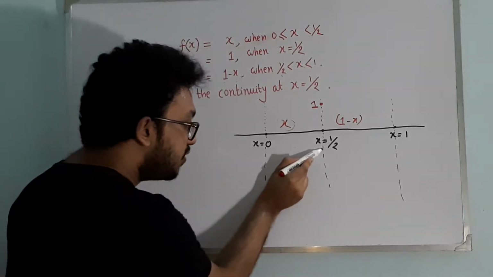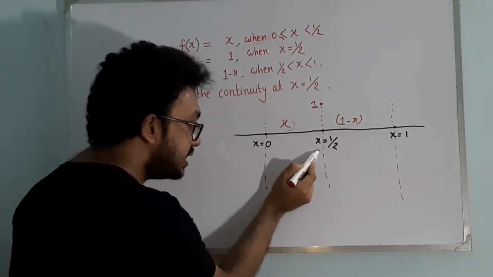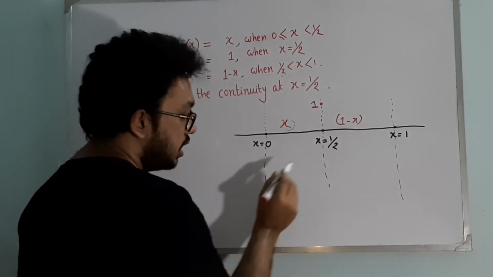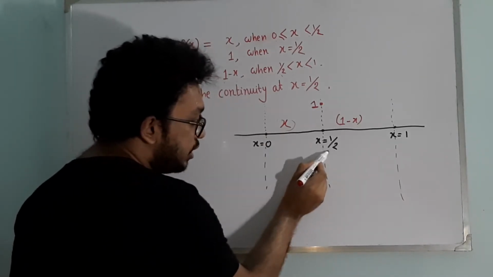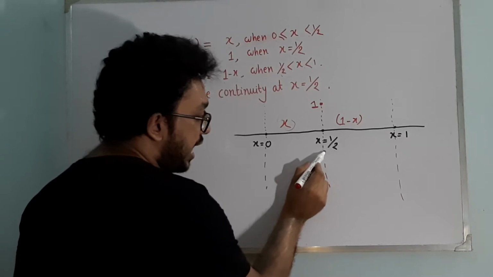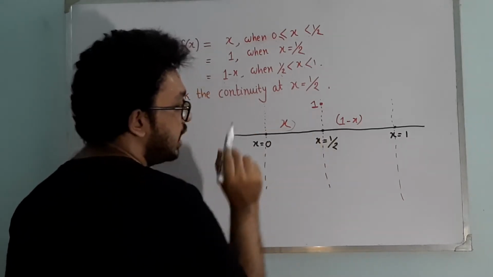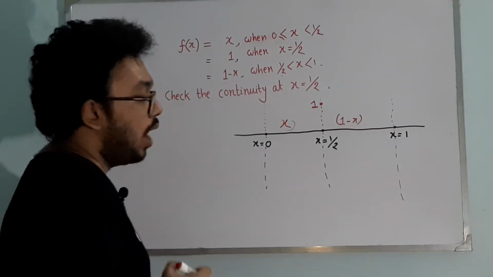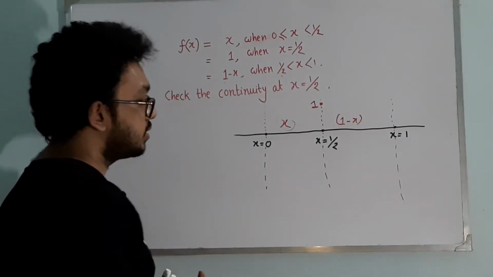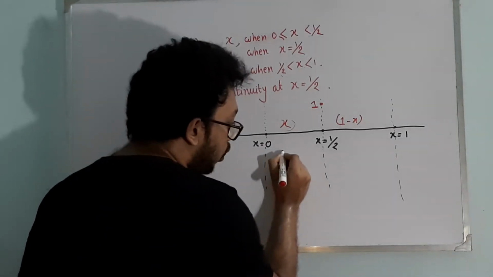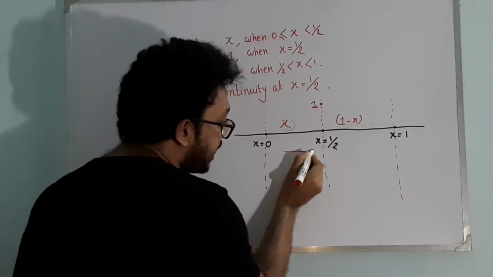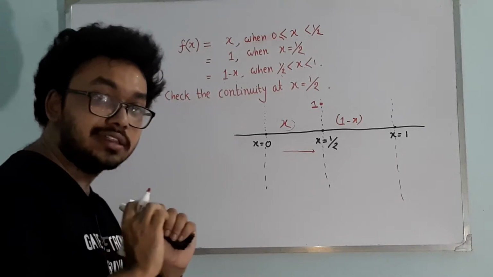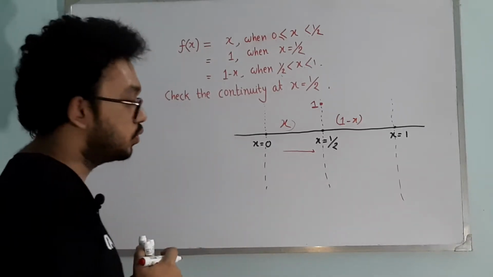Just before x equal to half, or just in the left neighborhood of x equal to half, f(x) is equal to x, and in the right neighborhood of x equal to half, f(x) is equal to 1 minus x. We know that while checking the left hand limit, we approach towards our point of interest from the left hand side, and we check towards which value the function tends to.